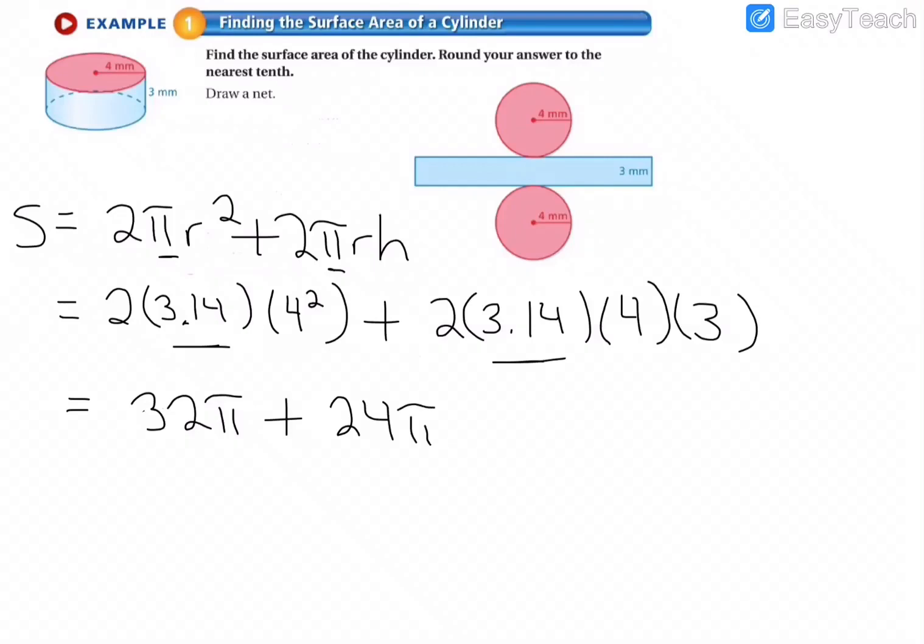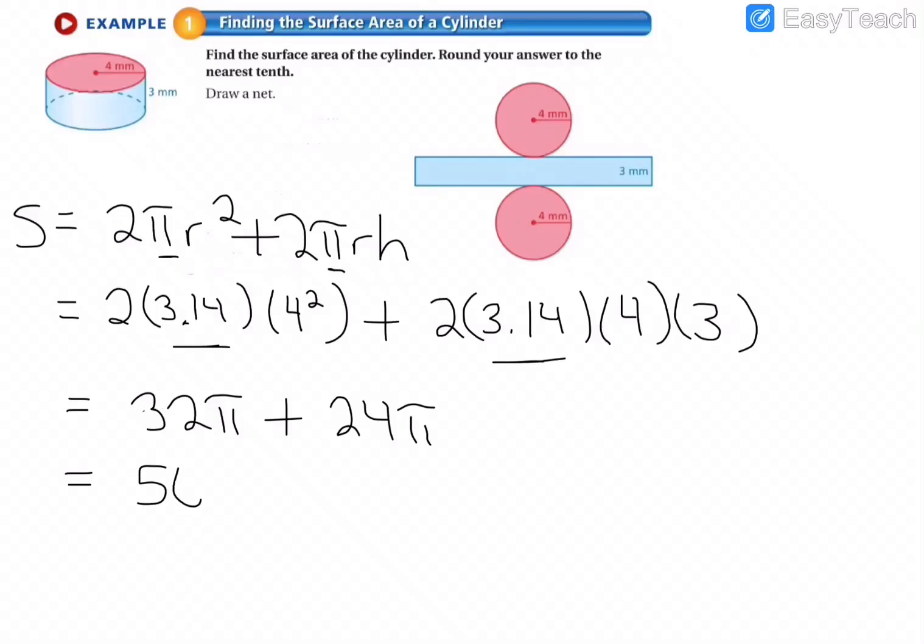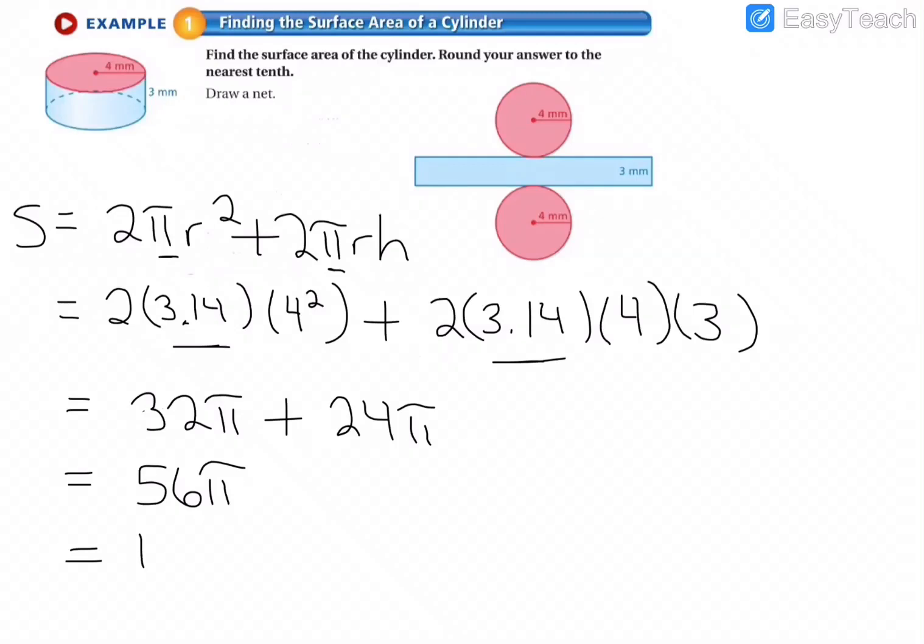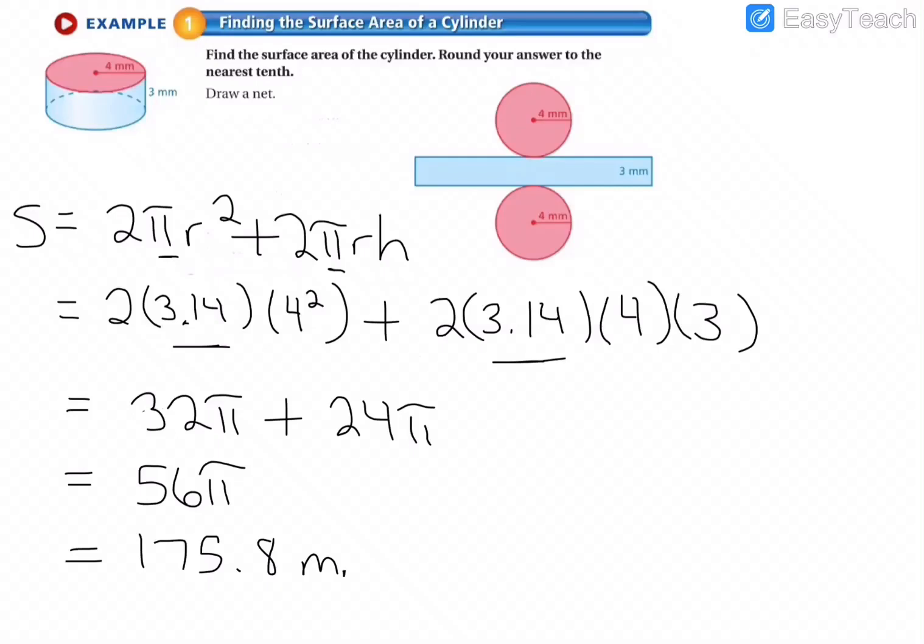So 24 pi. So 32 pi plus 24 pi is 56 pi. And then now if I just do 56 times pi, or 56 times 3.14 in the calculator, I get 175.8 millimeters squared as my answer.